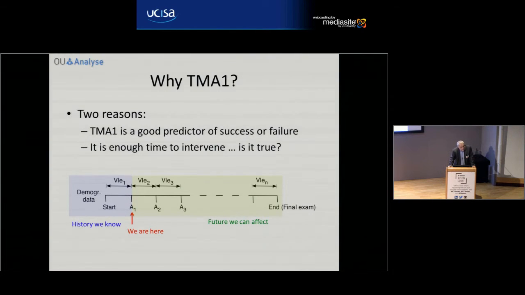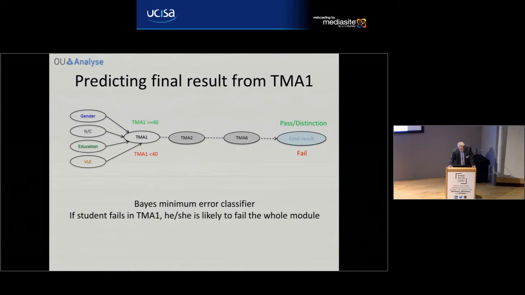So let's see whether TMA1 has enough power to say something about the final result. So we will try to estimate what is the probability of a student to fail at the end given the result of TMA1.